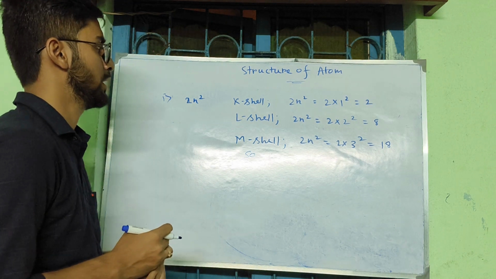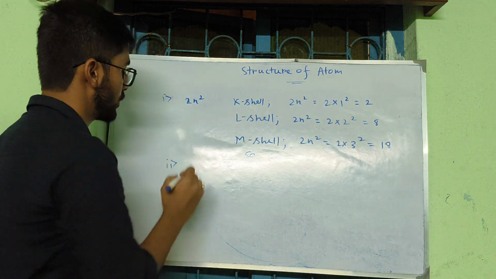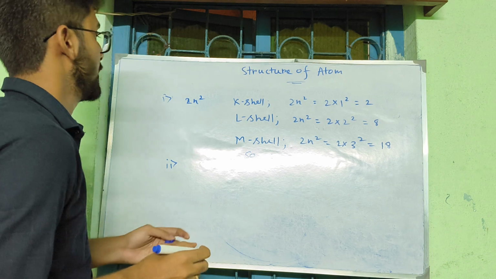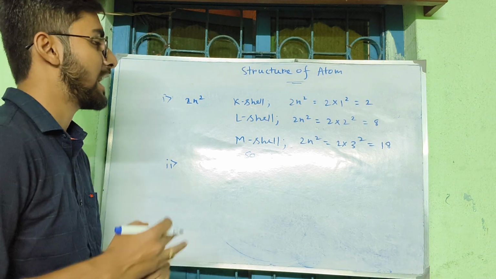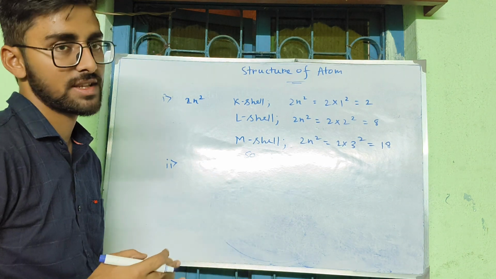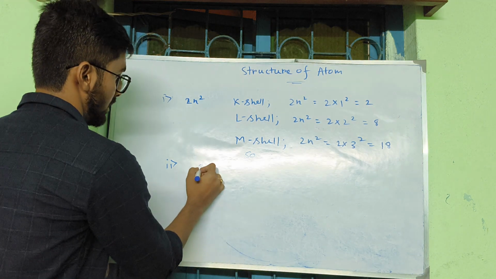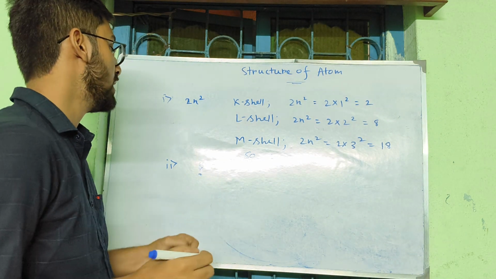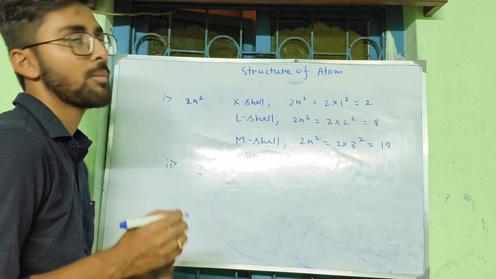Next rule. The next point to be remembered is the maximum number of electrons that can be accommodated in the outermost shell is 8. That is, outermost shell contains maximum of 8 electrons.